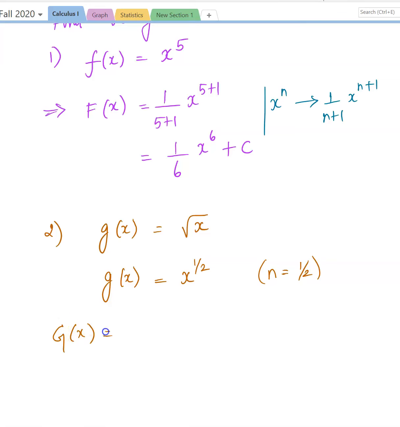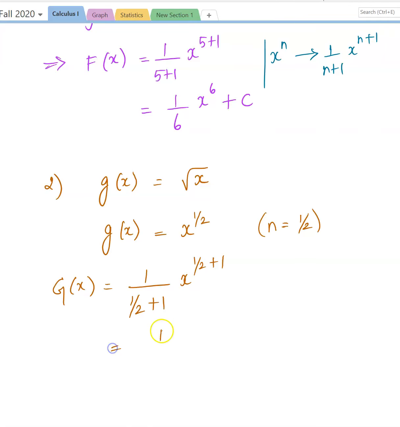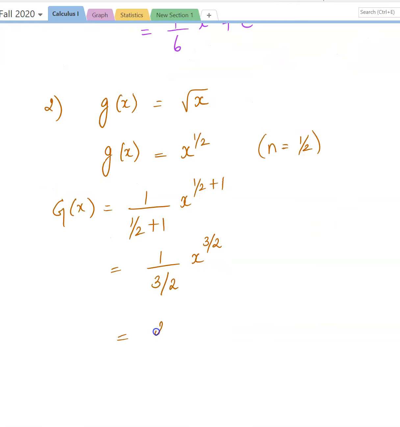Capital G of x will be 1 over half plus 1 x power half plus 1. So a little algebra here. 3 over 2 x power 3 over 2. Again, clean that up. You get 2 over 3 x power 3 over 2. Of course, a plus c. Don't forget that.